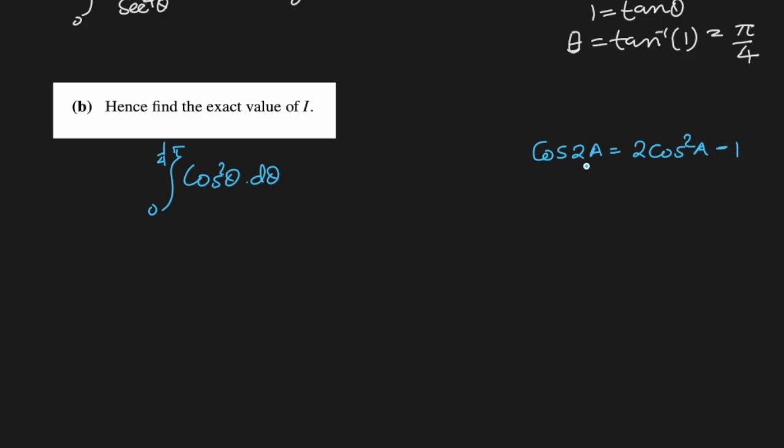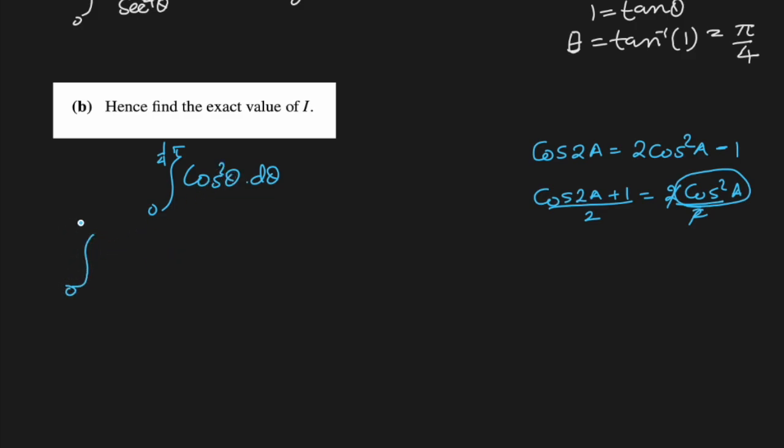Taking the minus 1 to the left side, cos 2a plus 1 equals 2 cos square a. Divided by 2, cos square a is (cos 2a plus 1) over 2. That's what we substitute here, and then we get rid of the square.